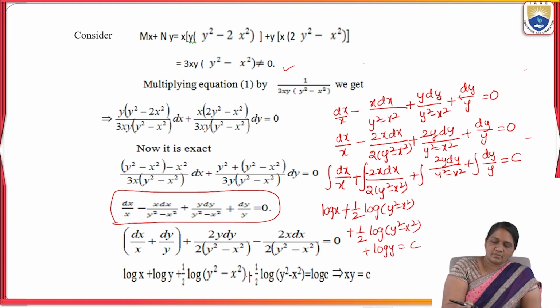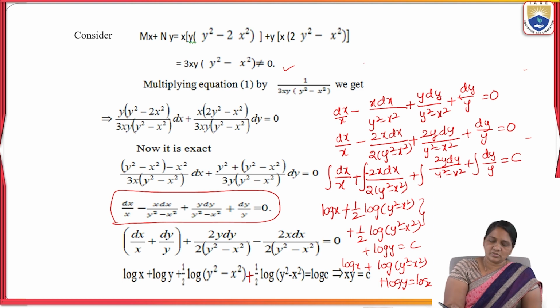Here also this will be plus. So finally log, here I am writing the log form here. This 1 by 2 log y square minus x square plus 1 by 2 log y square minus x square will be 1. So log x plus log y square minus x square plus log y equal to log c.